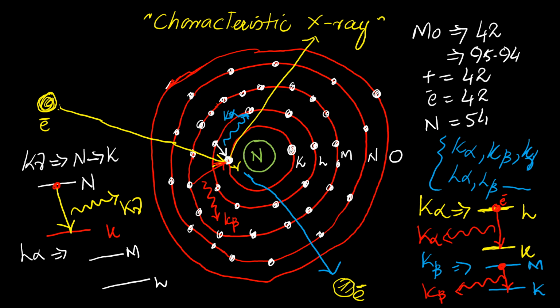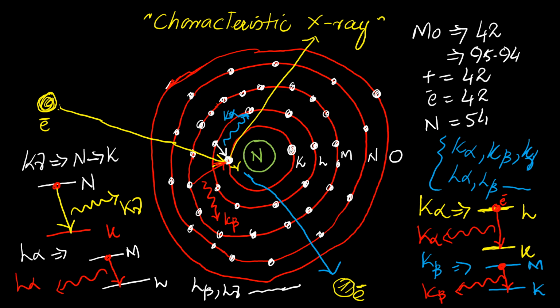Whenever an electron jumps from the M shell into the L shell, it releases characteristic X-rays in the form of L alpha X-rays. Similarly, L beta and L gamma characteristic X-rays are produced due to inner shell transitions. In this way, dear student, characteristic X-rays are produced.